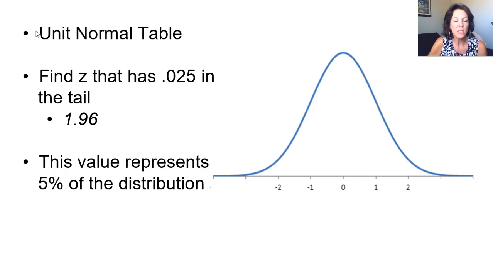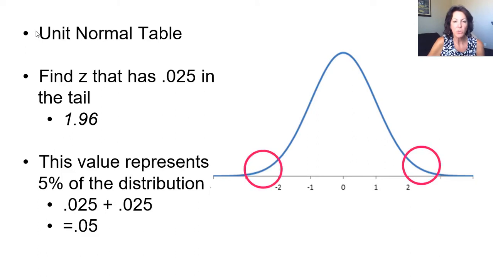And when we take 0.025 and we have it in two different tails, we can add those together to total 0.05 or 5% of the distribution. So these two tails right here are 5% of the distribution, 2.5% on the left tail, 2.5% on the right tail.